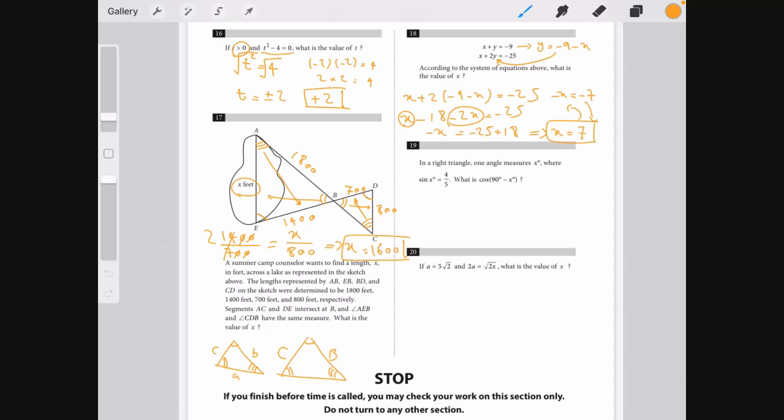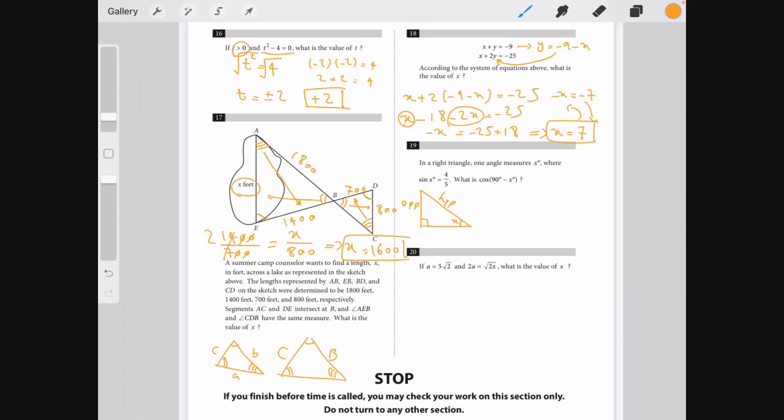In a right triangle, one angle measures x, where sine of x is 4 over 5. What is cosine of 90 minus x? All right. So we have a right triangle. Here is x. Now, sine of x in a right triangle is basically opposite side over hypotenuse.